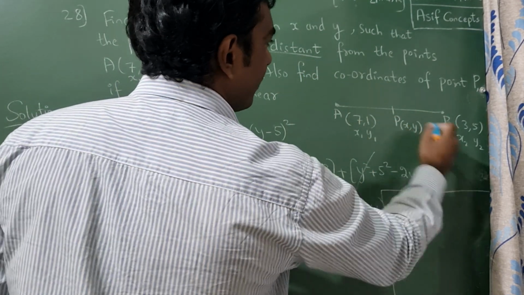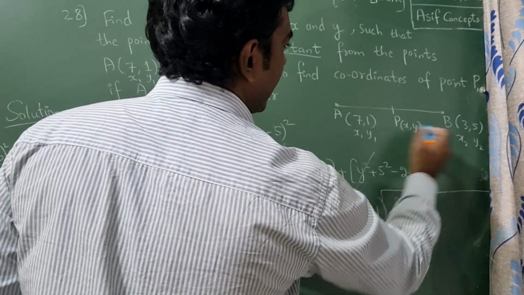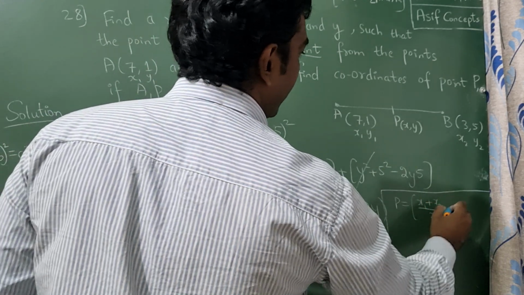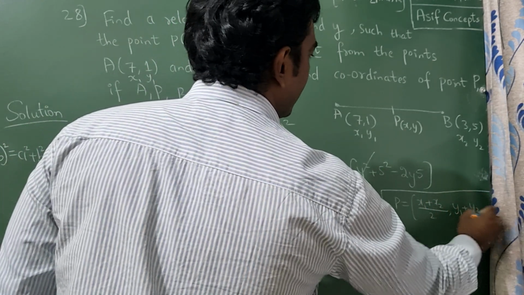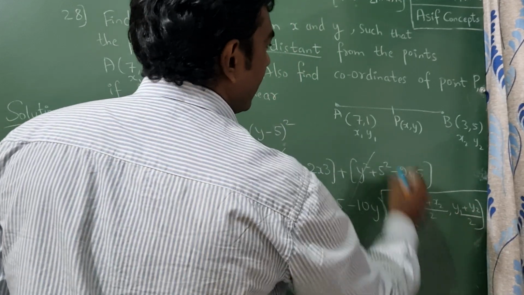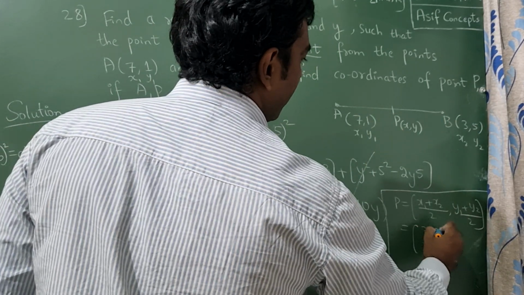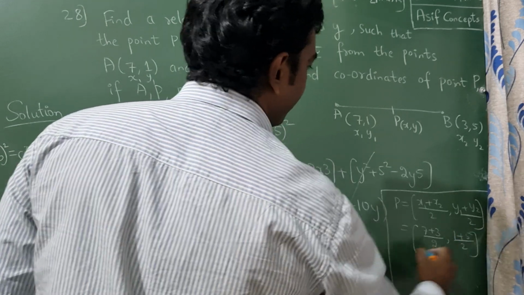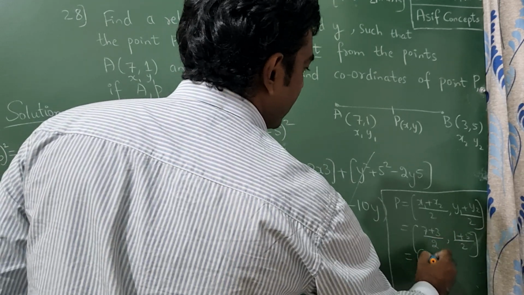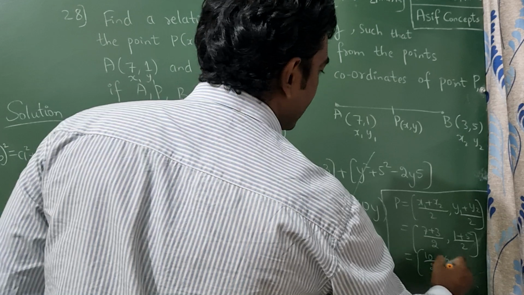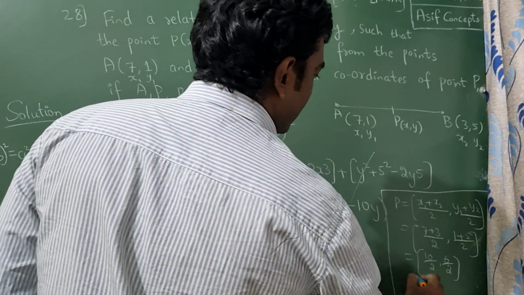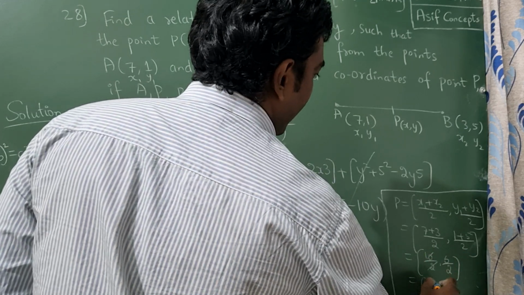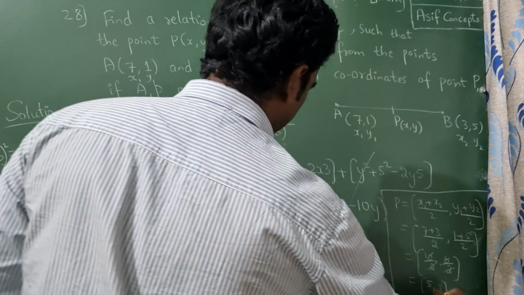So I can use midpoint formula, that is x1 plus x2 divided by 2, y1 plus y2 divided by 2. Now this is 7 plus 3 divided by 2, 1 plus 5 divided by 2. Okay, so it is 10 by 2 and 6 by 2. So (5, 3).